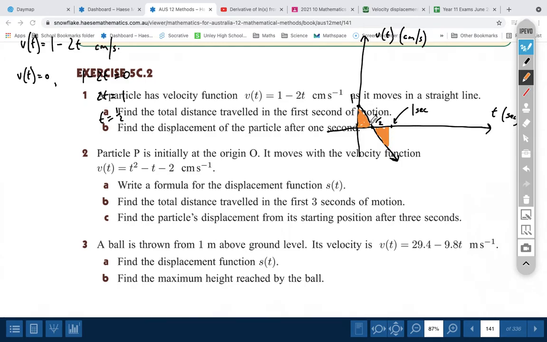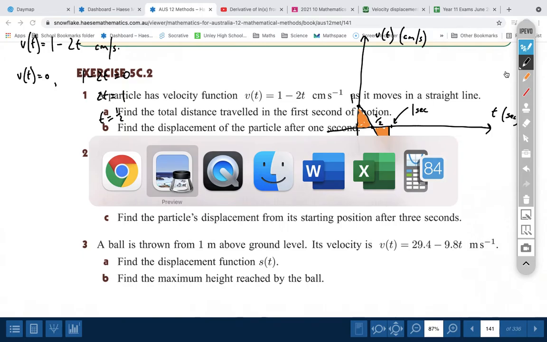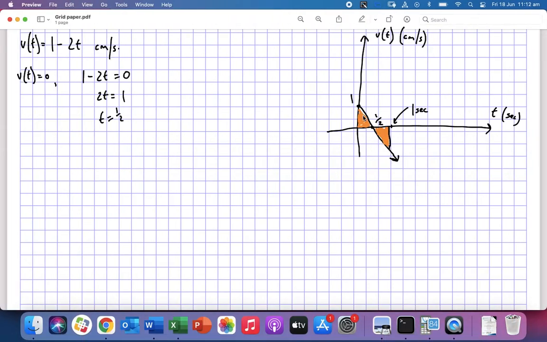These are going to cancel out because those two triangles will be the same size. This one looks a bit bigger, but it's because I haven't drawn very well. So displacement's going to be 0, it looks like, because that triangle should be the same as that triangle. I could work this out without any calculus because I've just got triangles.